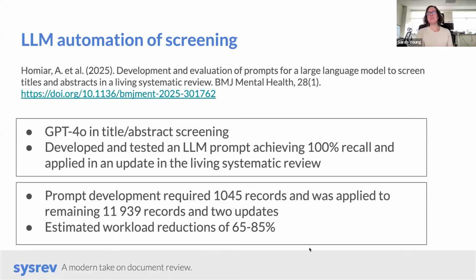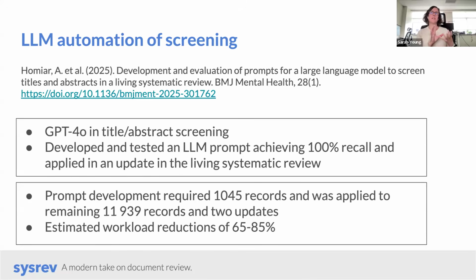A really nice example of this is this study by Homier et al., again, very recent, where they developed and evaluated prompts for screening in a living systematic review. This was dopamine interventions for anhedonia. They used GPT-4o for the title abstract screening. They developed and tested these prompts, and they were able to achieve 100% recall.